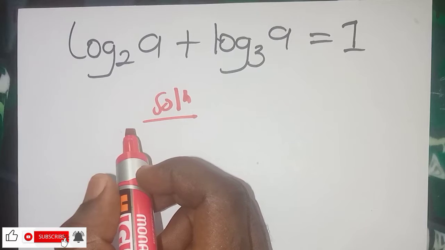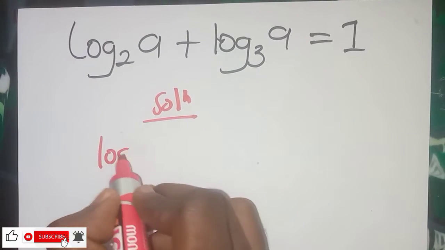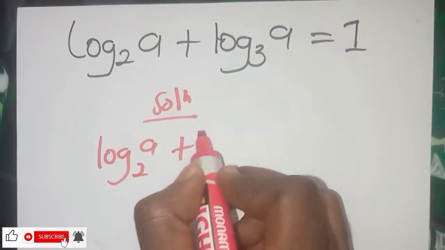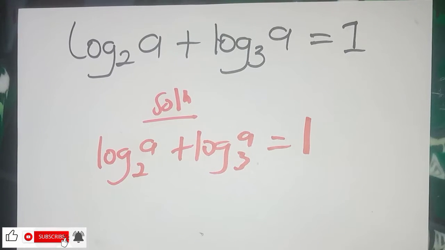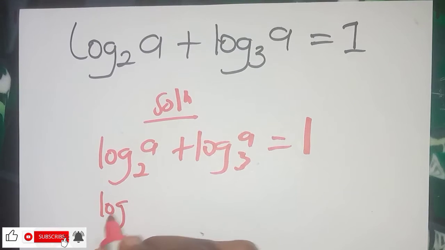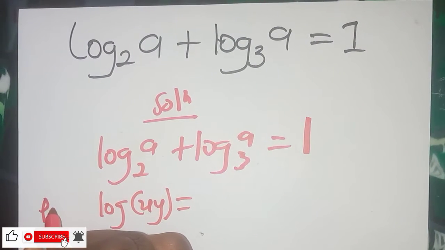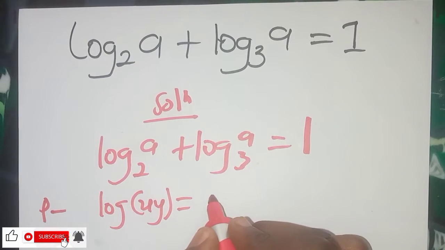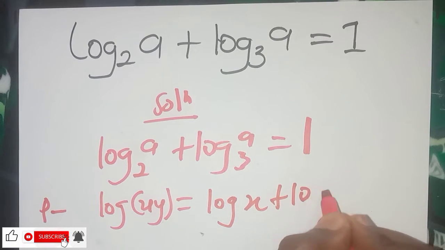From the equation we have the log of a base 2 plus the log of a base 3 being equal to 1. In this case, we can use log properties in solving this. A log property: the log of x times y is equal to the log of x plus the log of y.